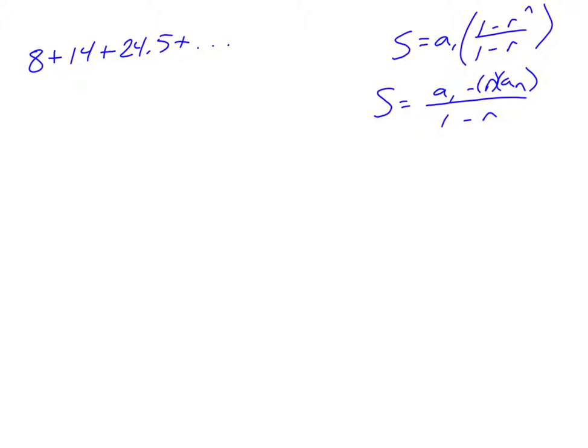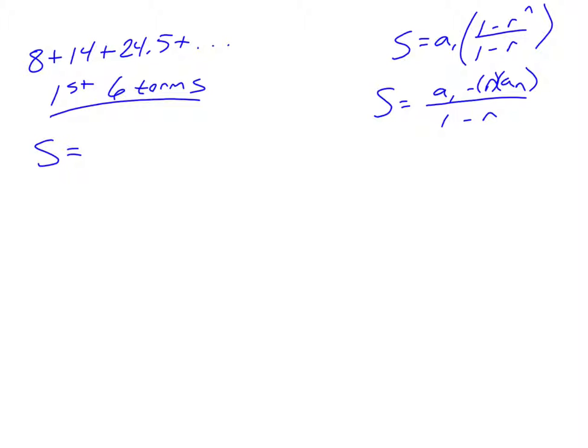Alright, so I have this geometric series and I want the sum of the first 6 terms. Since I want the sum, I need to pick one of those two formulas. Which one would you suggest? We don't have a sub n, so the first one would be the good pick.